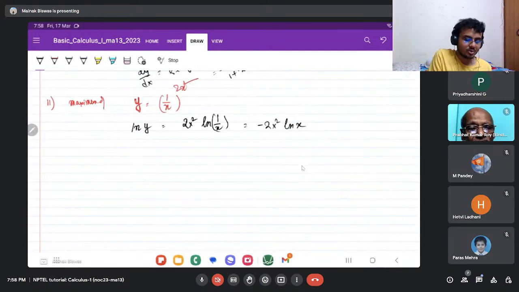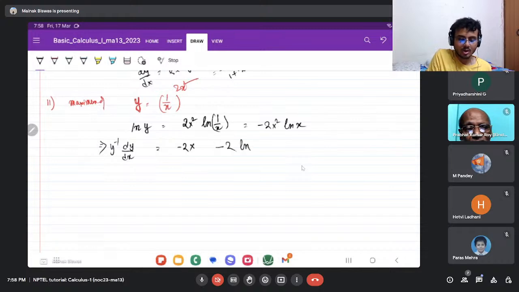Now take the derivative on both sides. So you have dy/dx into 1/y is equal to minus 2x plus minus 4x log x.